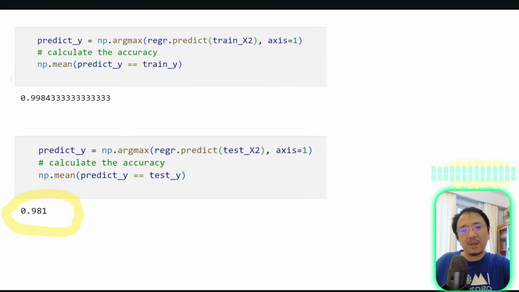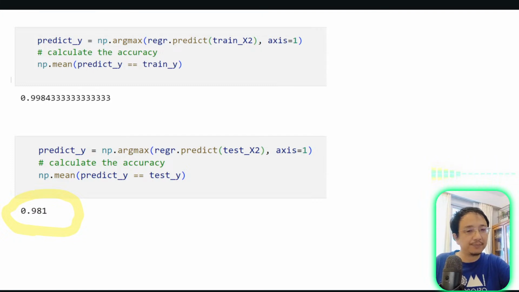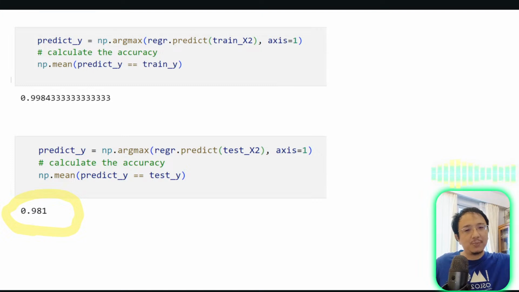One reason this works so well is also that our data is very balanced. The digits are evenly split into different categories, 0, 1, 2, 3 up to 9.